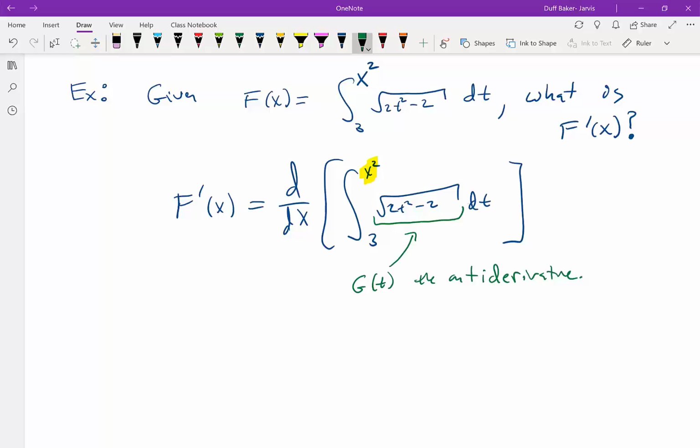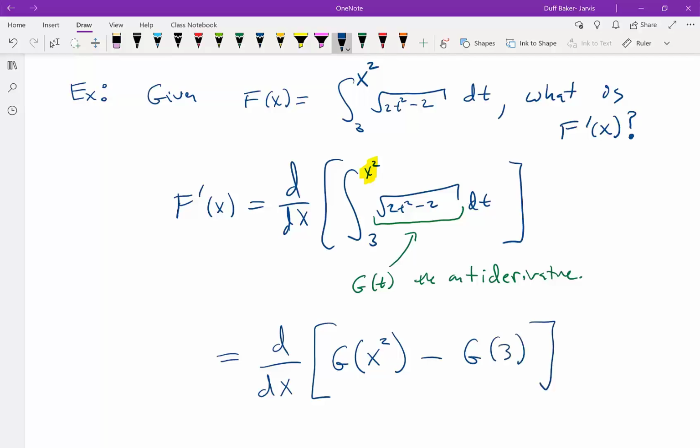Okay, and so think back to what we were doing before, if I covered up the derivative part and imagined that part didn't exist. To calculate this integral, we would find the antiderivative, then plug in the top minus plug in the bottom. So that means we would be taking the derivative of the antiderivative of this thing, which is G, then plug in the x squared up.